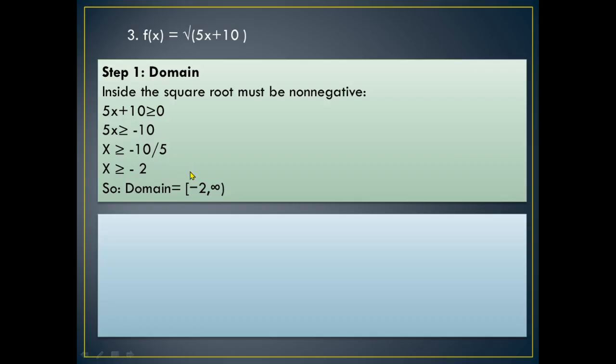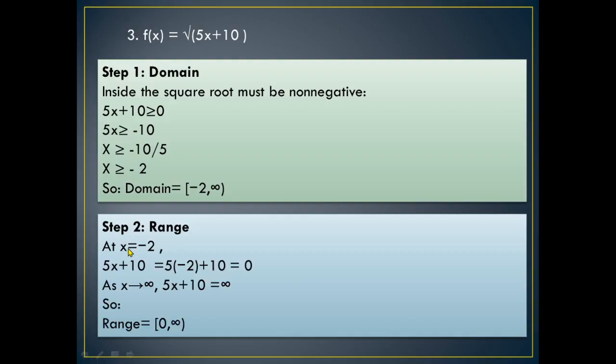Next let us find the range. At x equal to minus 2, this term will be 0. And as x increases from minus 2 to infinity, this value increases. So the range is from 0 to infinity.